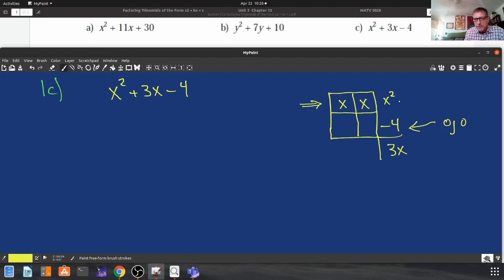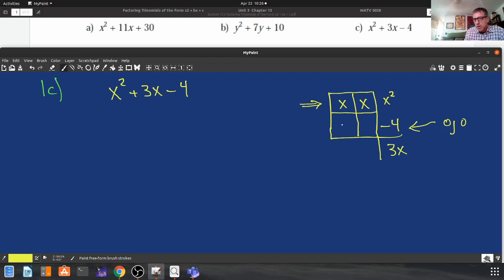X times x is x squared. Now here I have to put a whole number times a whole number that gives me minus 4. That means exactly one of them has to be negative. But when I multiply down and add them up, I'm going to get a positive result. So of my two factors, the negative has to go on the smaller of the terms.